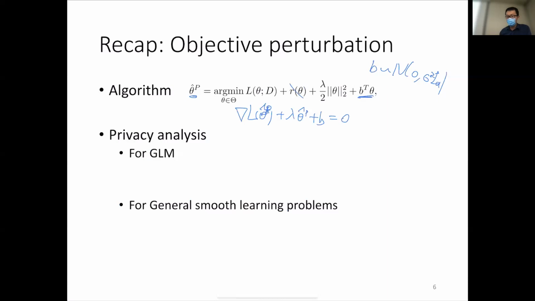And by moving things around, we can establish a relationship between the realized value of this noise vector and the final solution that we get, theta hat p.